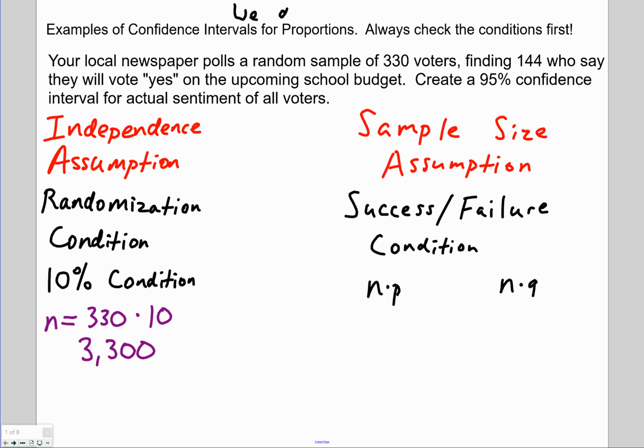So what's 330 minus 144? Do you need a calculator again? 186. I heard 186. Are both of those numbers 10 or more? They are. So our sample size of 330 is large enough.